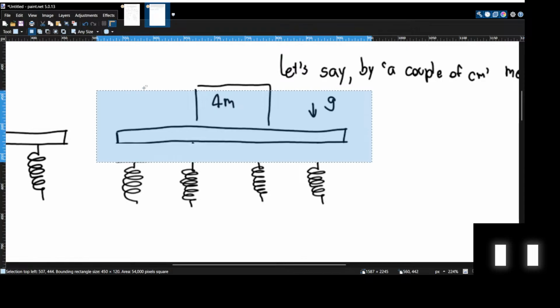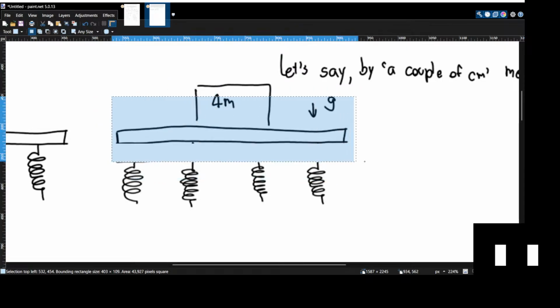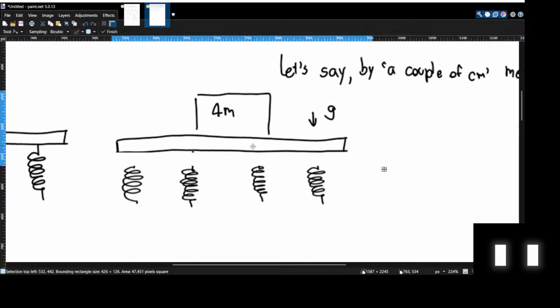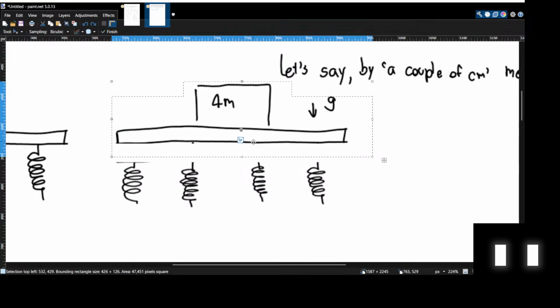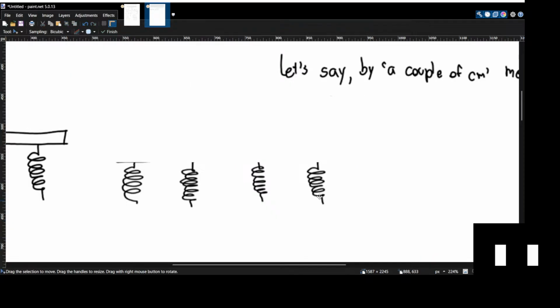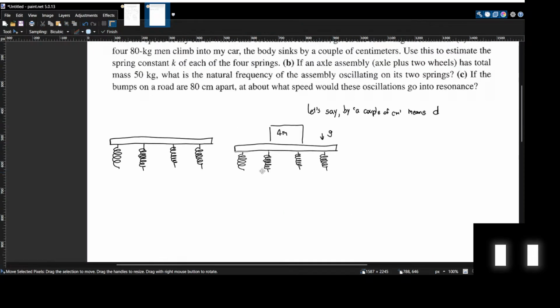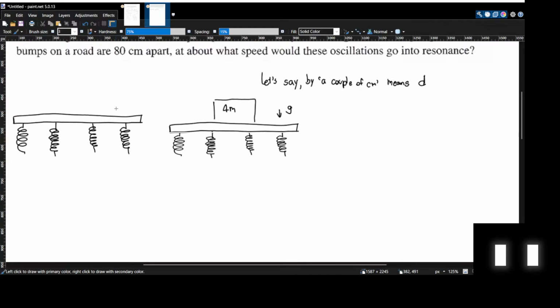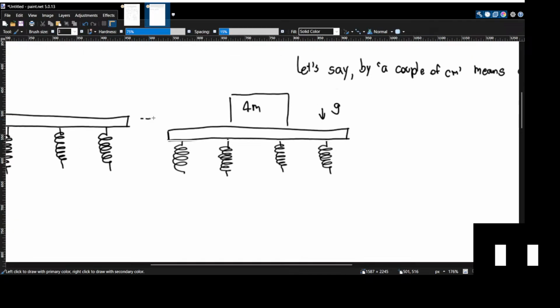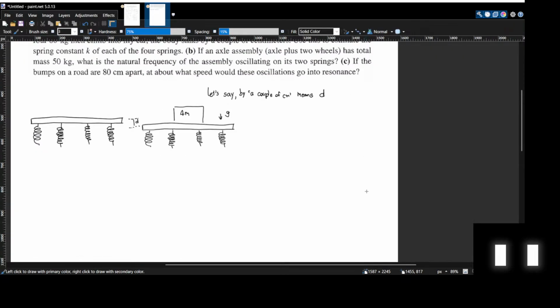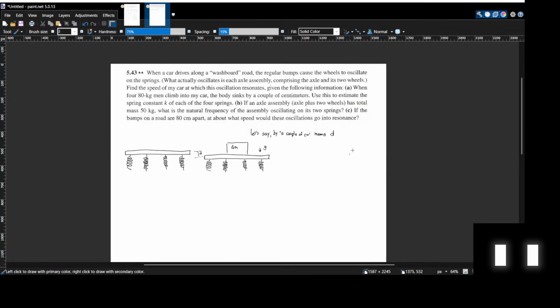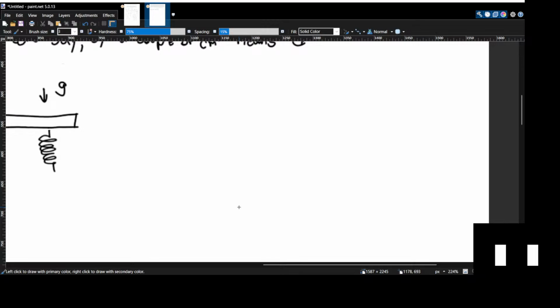The smallness really depends on how much the mass is and the spring constant, but we'll say it's down by a small amount, and that small amount is d. So let's approximate the spring constant.